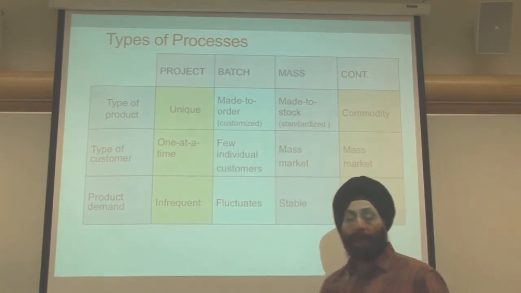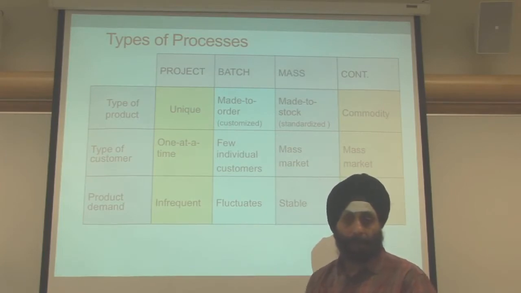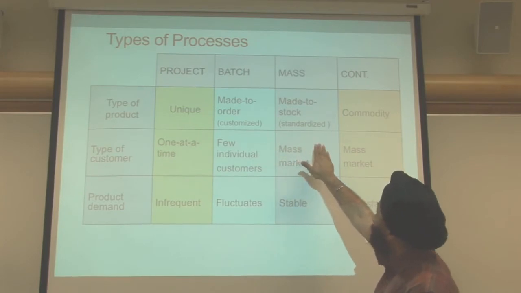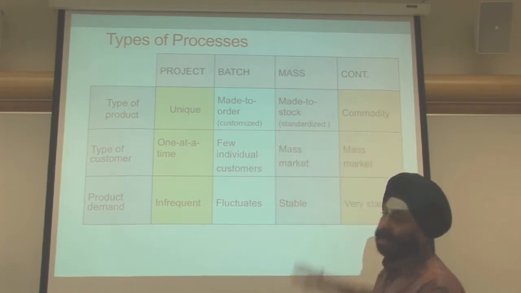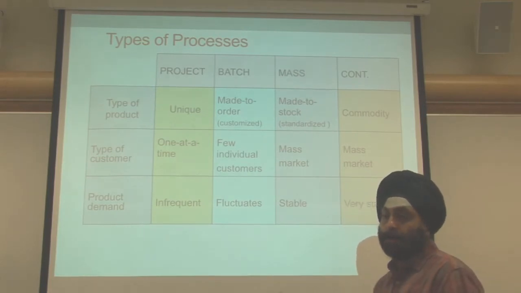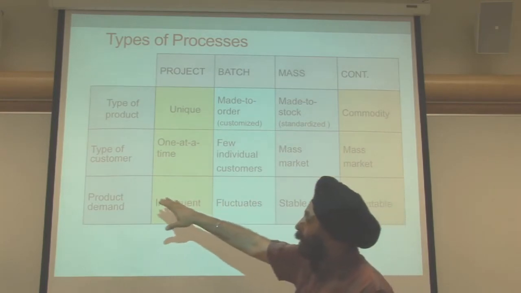So think of a cookie company making a batch of oatmeal cookies, and then the next batch, next tray could be raisin cookies or chocolate chip cookies. So that's a made to order, whereas mass is make to stock, and then commodity bread production or milk, that 2% milk, etc., would be commodity items.